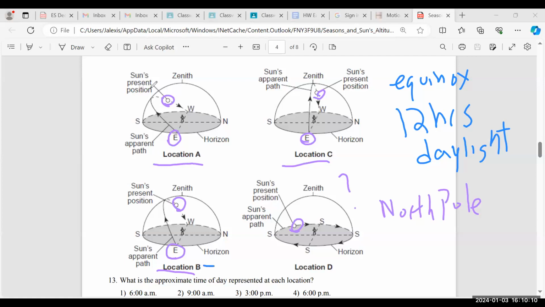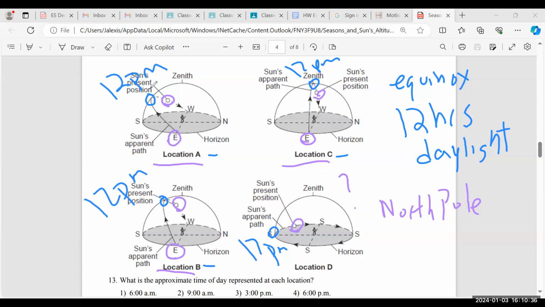The other thing that's interesting, even if I focus on locations A, B, and C, is that at this point right here, where the line reaches its highest point, these are all representations of solar noon, 12 p.m. Even right here represents 12 p.m. So if this point represents 12 p.m., and now the sun is on the opposite part, on this side, the west side, that means that it's on its way down now.